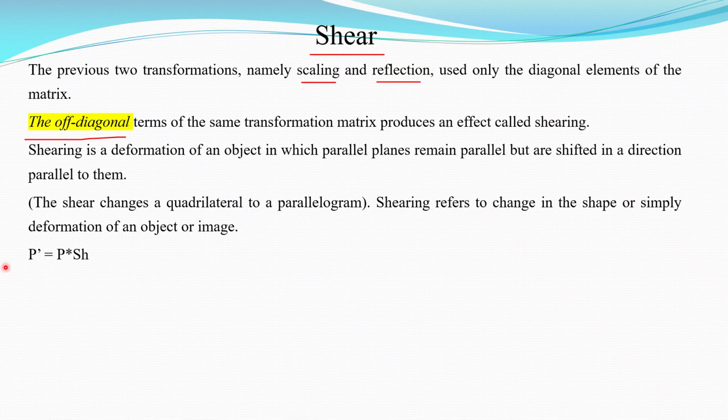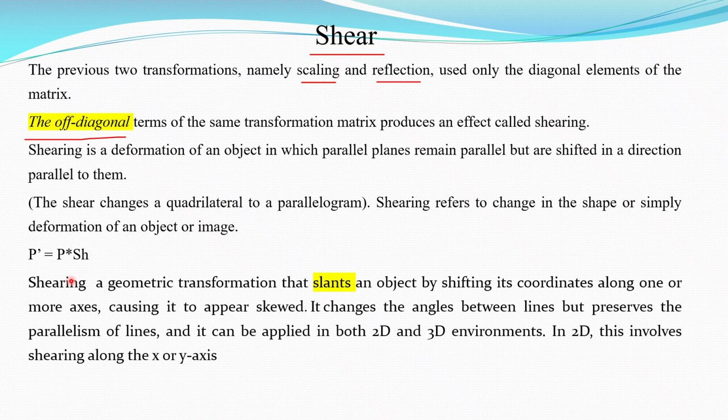The formula is P dash equals P into shear. P dash is the changed object coordinates x and y, and P is the original object's coordinates x and y. The shearing can be in the x direction or the y direction.